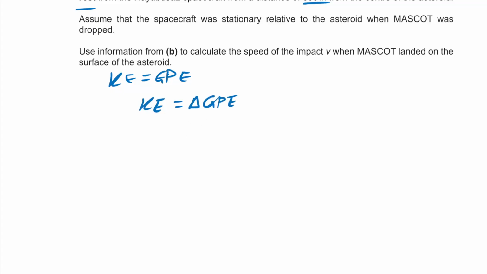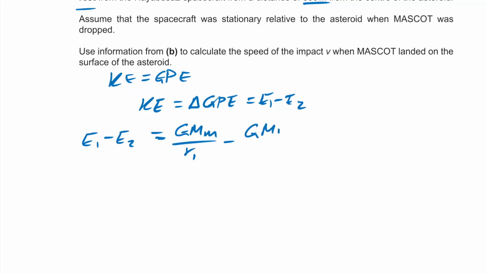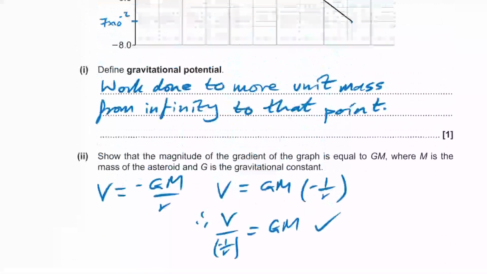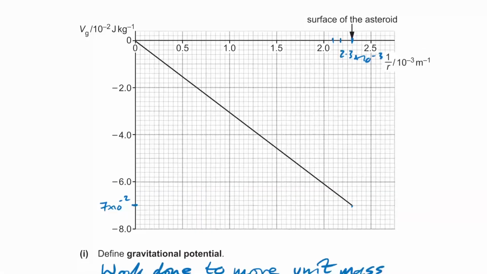So in other words, E1 take away E2, isn't it? Let's find out the change in GPE first. So we need to be thinking in terms of GMm over R1 take away GMm over R2. It's not getting to the center of the asteroid, is it? So we can't just say our distance is 600. And of course we can't say, well, let's see how close it is getting.